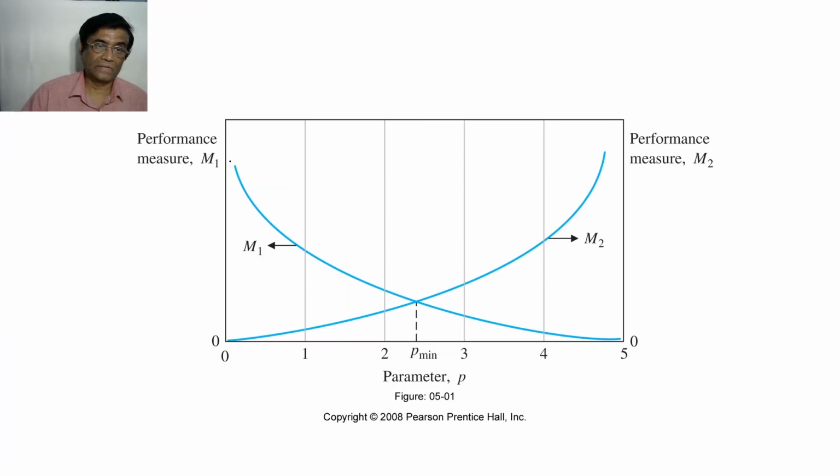Here they have shown, this is the Dorf book, a very famous book, Control System Engineering by R.C. Dorf. Say, there is a performance measuring function M1 which varies with the parameter like this. Another performance measuring function M2 varies like this.